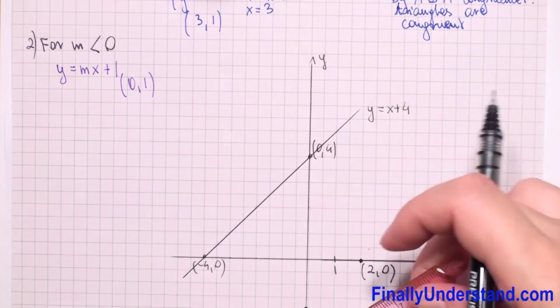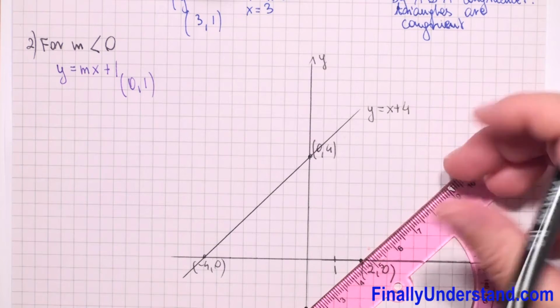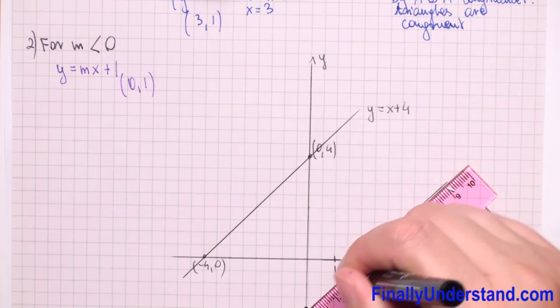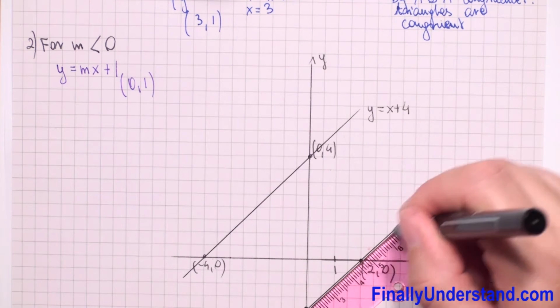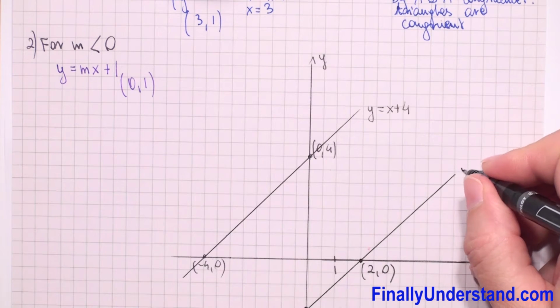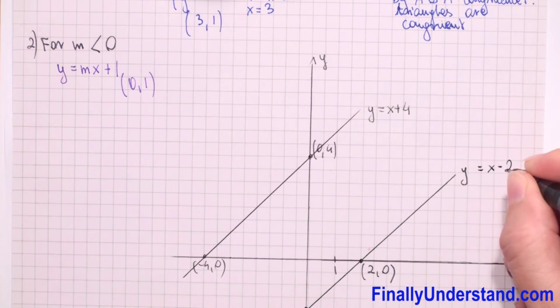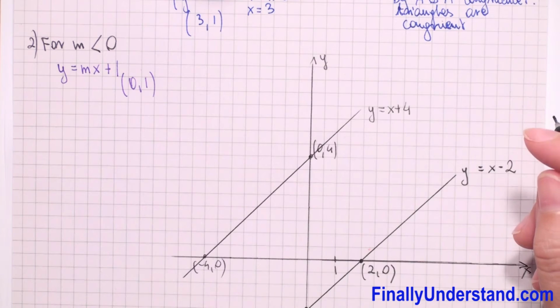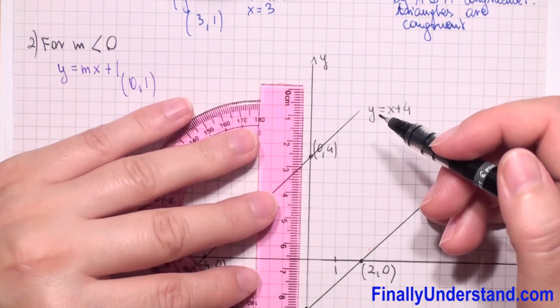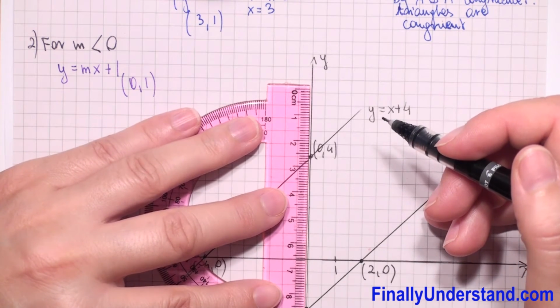So we have two parallel lines. This is y equals x minus 2. The third line is x equals 0, so this is the y-axis.